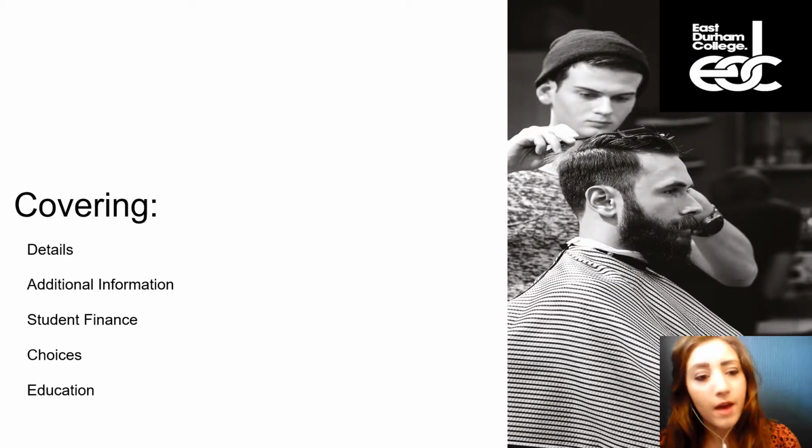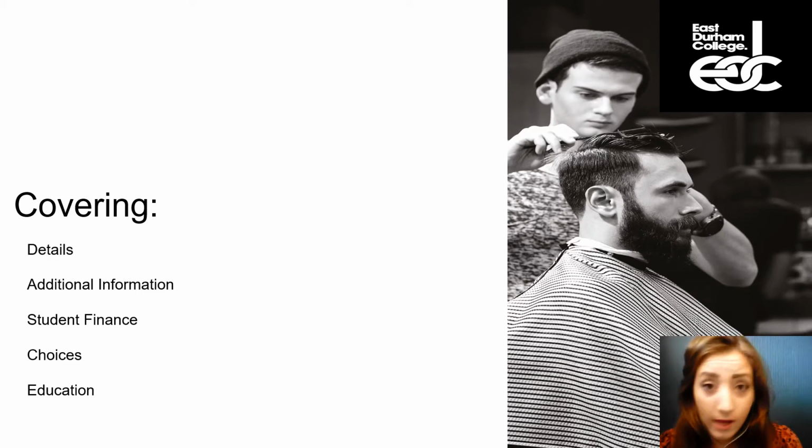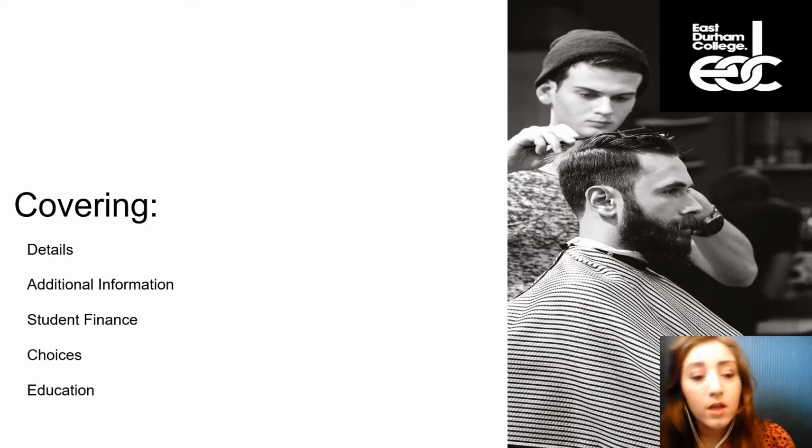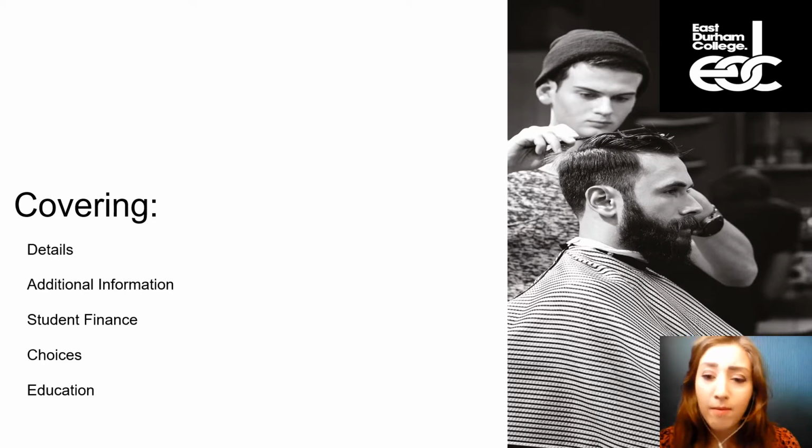In this video, we will be covering the following sections: details, additional information, student finance, choices, and education. You do not have to do it in this order if you don't want to. You might want to do details, additional information and student finance all together because they're the fastest and easiest.